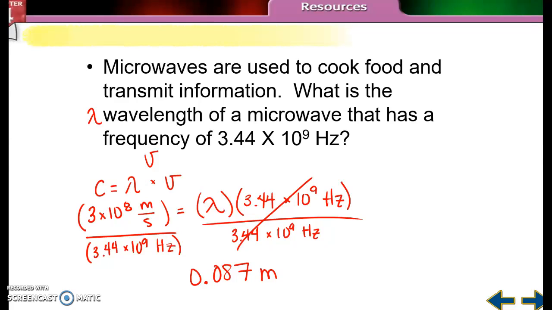So I could convert that to centimeters. And that's a pretty short wavelength. That's only about 87 centimeters. So, or 8 point. Sorry, that would be 8.7 centimeters. So that would be a really small wavelength.